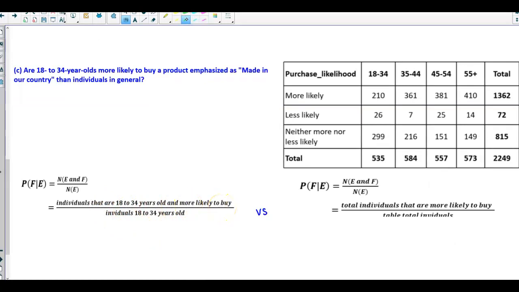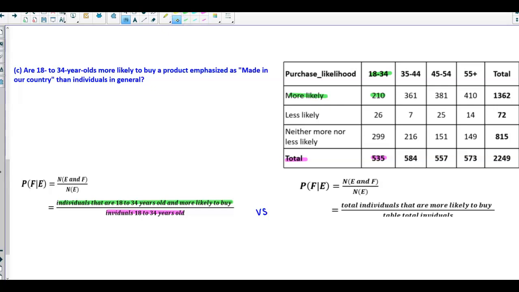Those are 210, and we're going to divide it by the total of individuals that are 18 to 34 years old, which is 535.